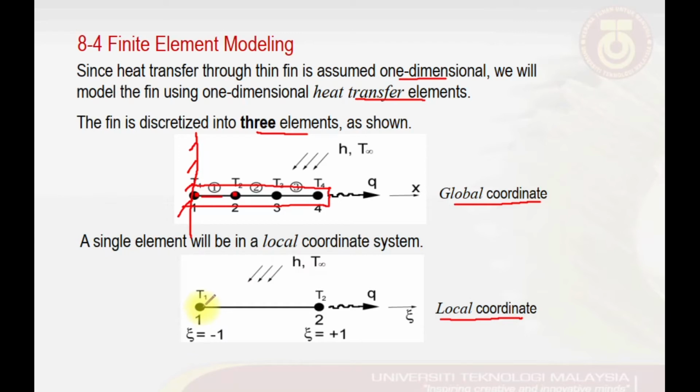If we take only a single element and view it in the local coordinate system, which is the z or natural coordinate system, then z will be equal to -1 on the left nodal points, and z will be equal to +1 on the right nodal points. So that means if we would like to know what is happening there, it reflects to z, which is equal to 0.